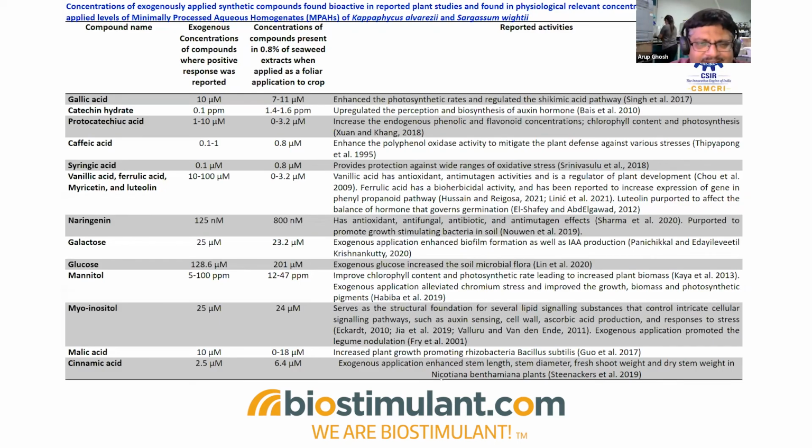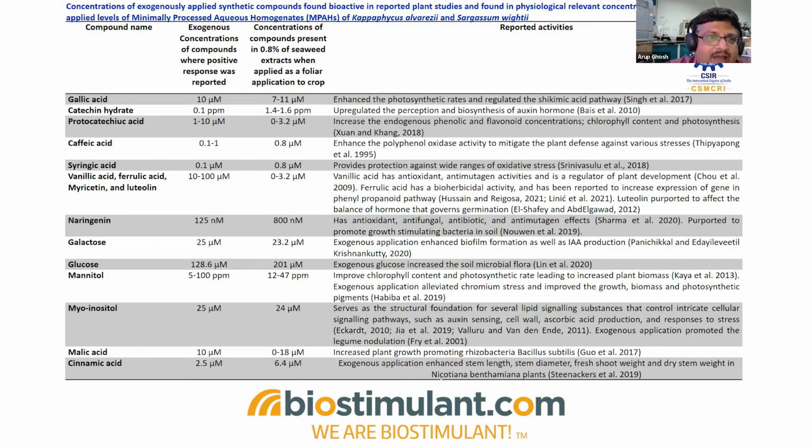So the essence is that the constituents in biostimulants may act at micromolar levels. Likewise, for example, catechin hydrate: people have applied 0.1 ppm and got good results in upregulating the perception and biosynthesis of the auxin hormone.